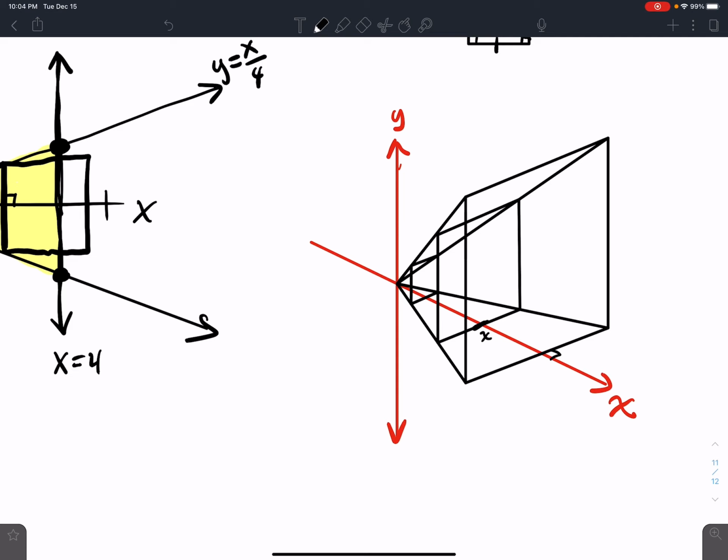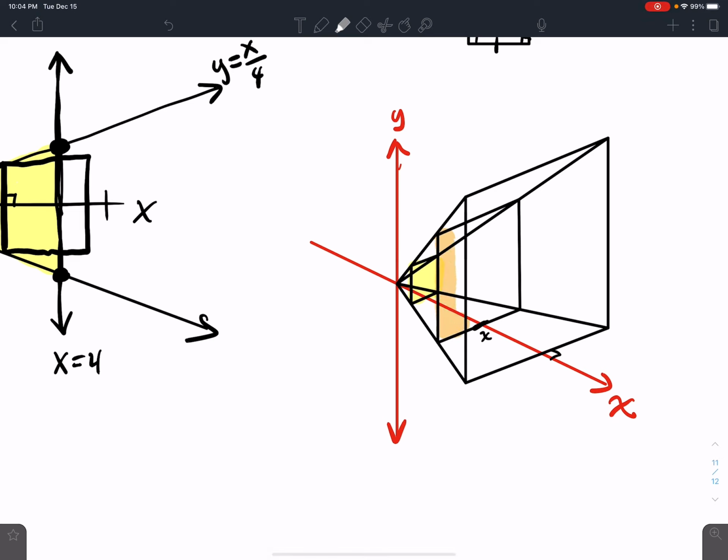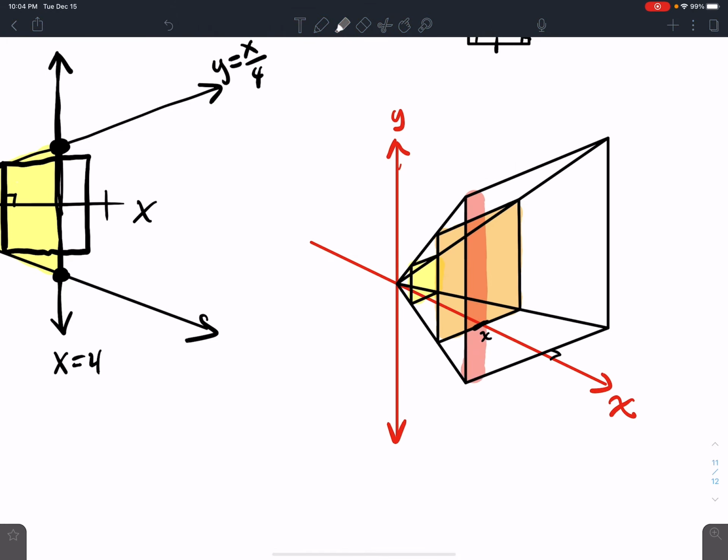So you can kind of see, if I do different colors for the different squares, I've got a little square there, and maybe we've got this orange square here. It's a little bit thicker, a little bit bigger square, and then this red square right here. This is our biggest square, because it's based off of that biggest x value.